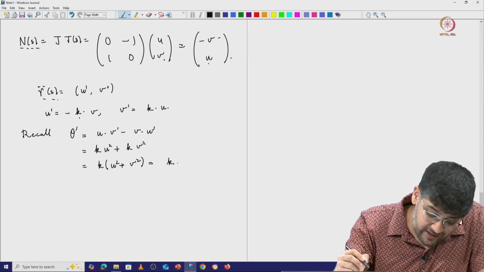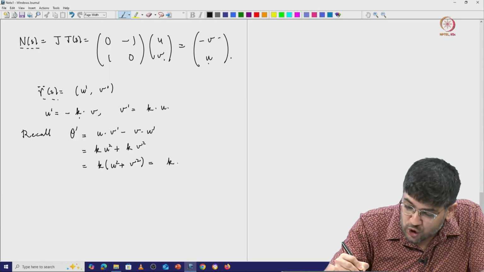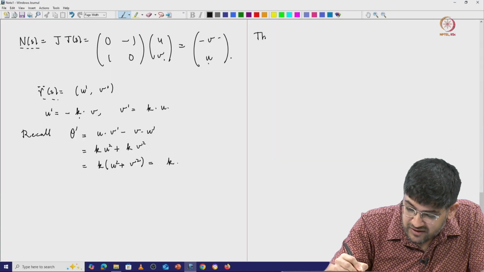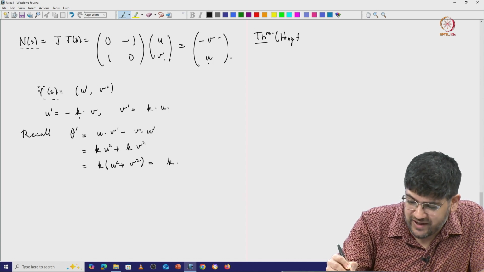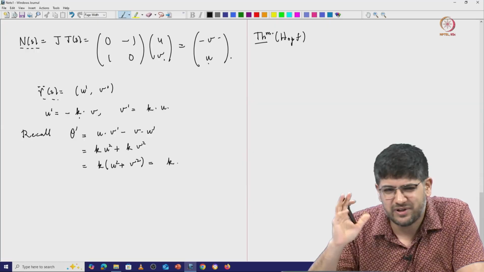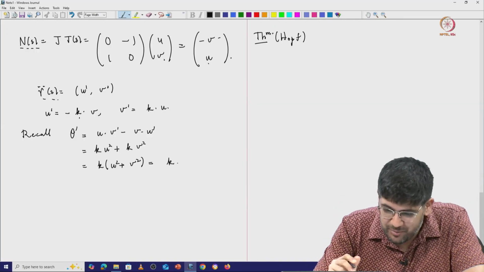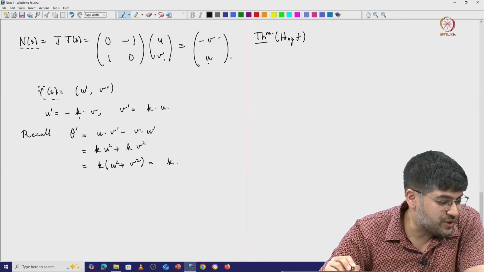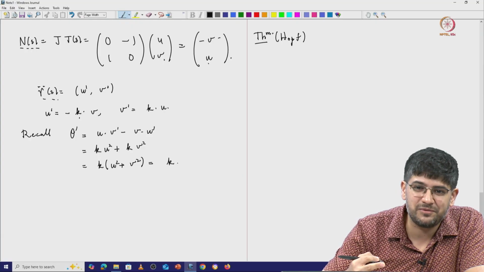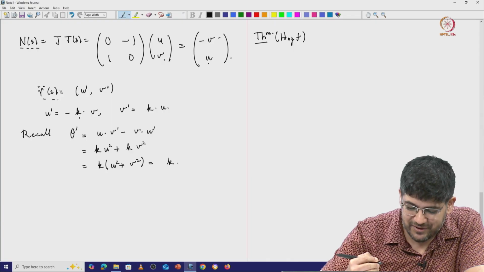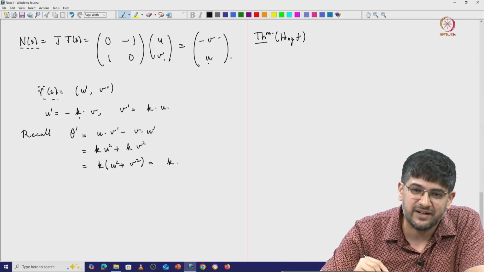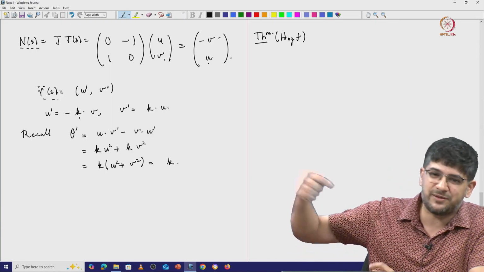So the way I stated it, it was only for short curves, but in fact there is a beautiful generalization due to Hopf. It's a very classical theorem, I think from the 1930s or maybe even earlier, which says that this observation of ours is more or less correct even for curves that may not be short.